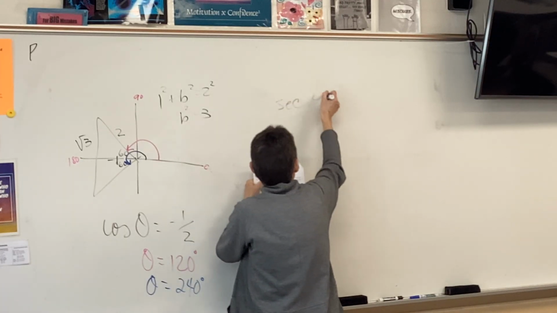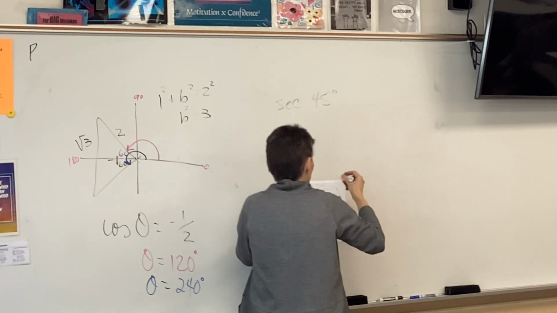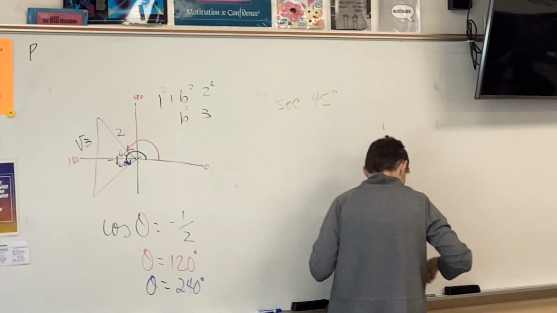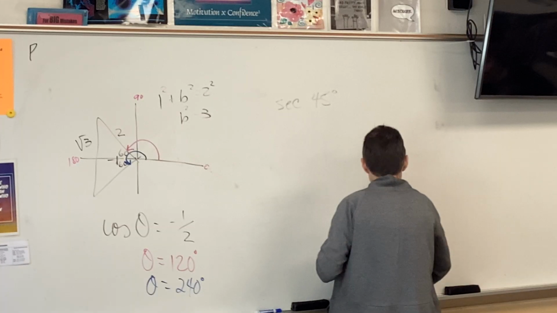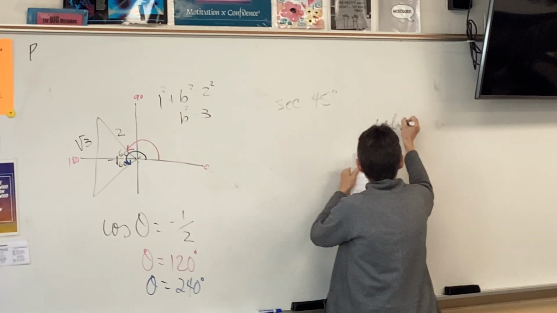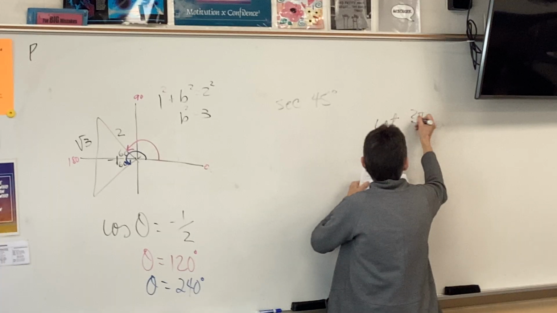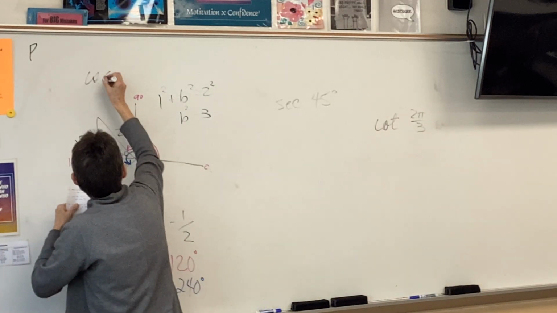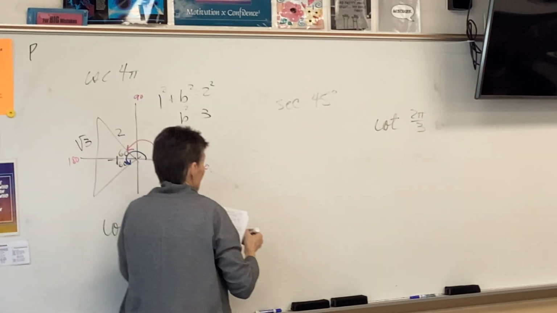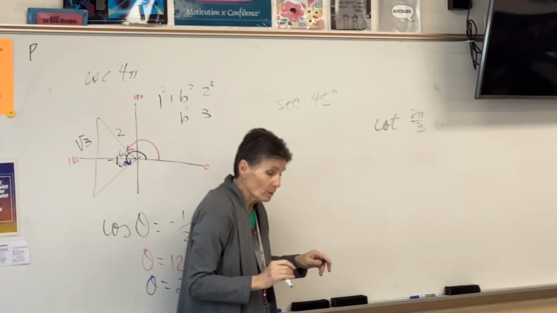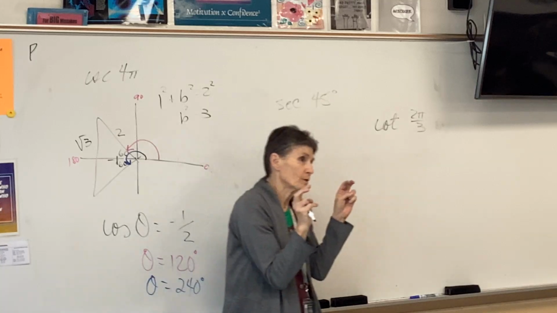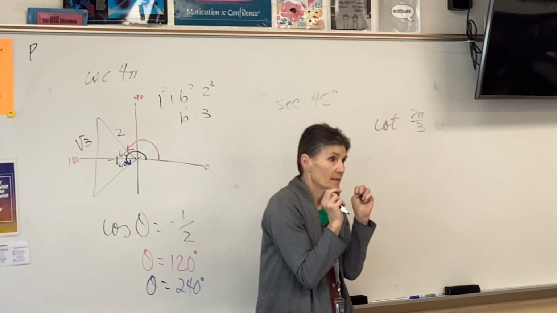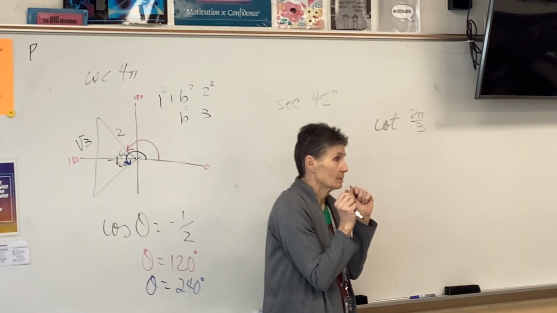So we have secant 45, cotangent 2 pi over 3, and cosecant 4 pi. Now, we're doing this without a calculator. There's a word in the problem that tells me it's no calculator: exact. Exact means no calculator.